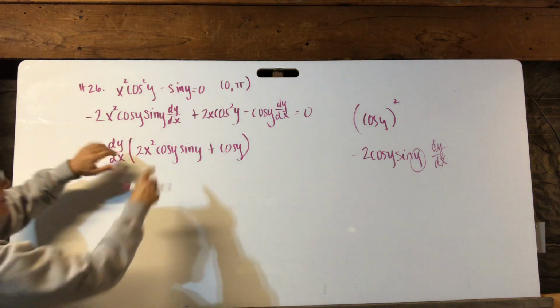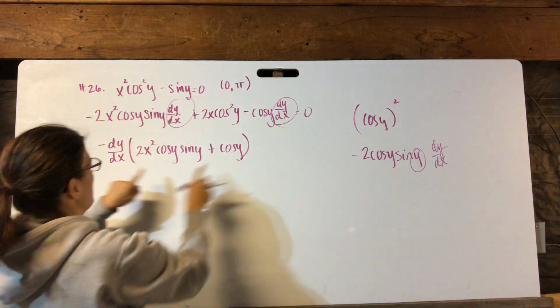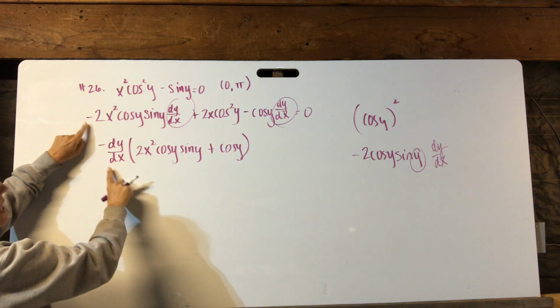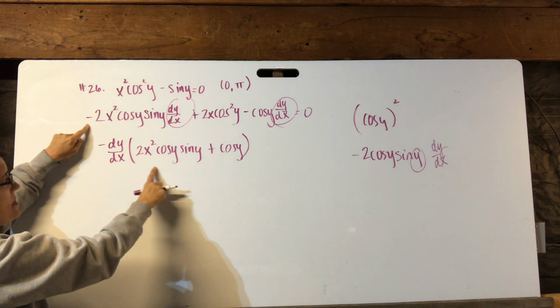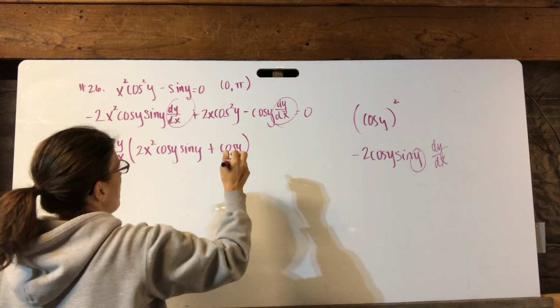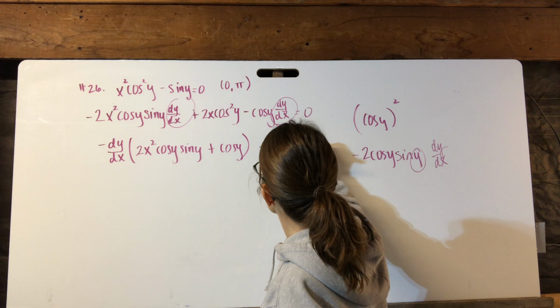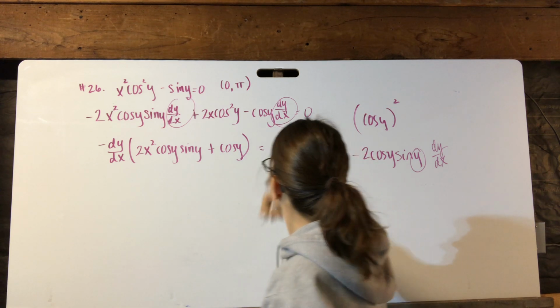So I took out the negative, so here are my dy/dx's. I would get negative 2x squared cosine y sine y. Factor out the negative dy/dx, I get cosine y. And that's going to equal negative 2x cosine squared y.